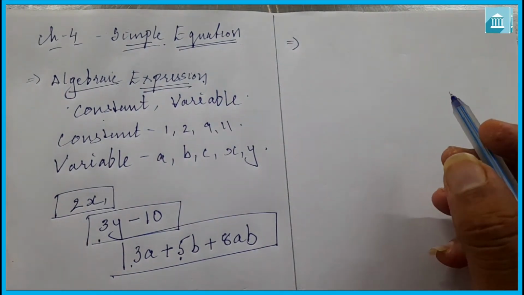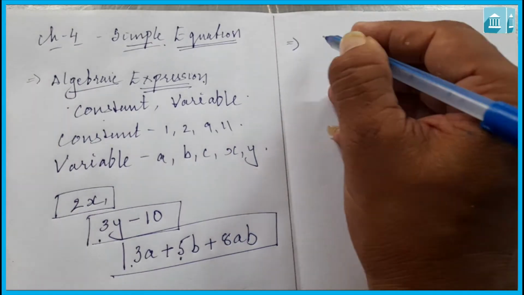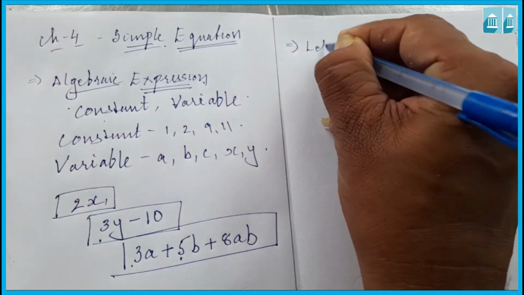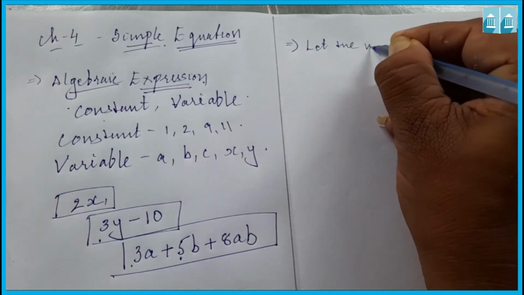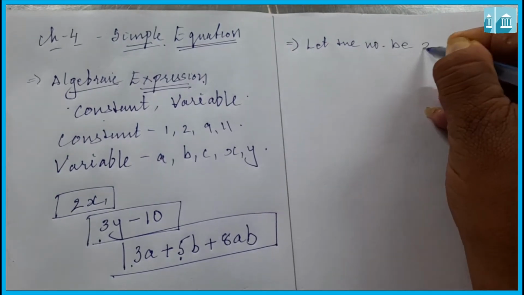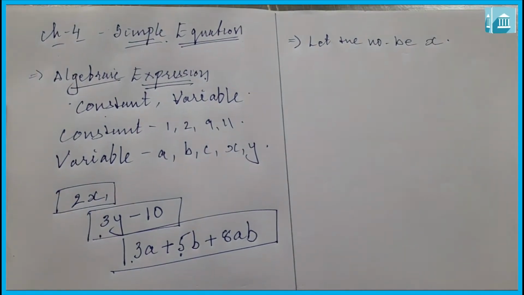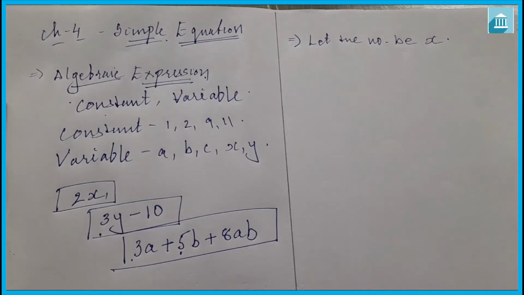Okay, so if I thought of one number in my mind, then you say let the number be x. Now this is x, it means here it is a variable, the value is not fixed, the number can be any, so let the number be x.